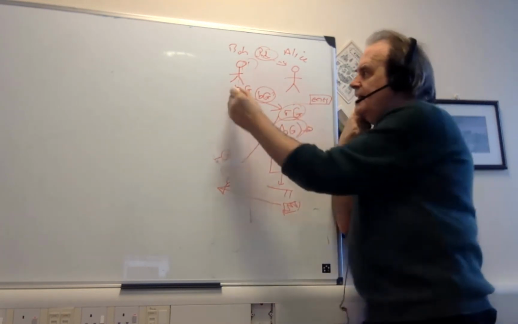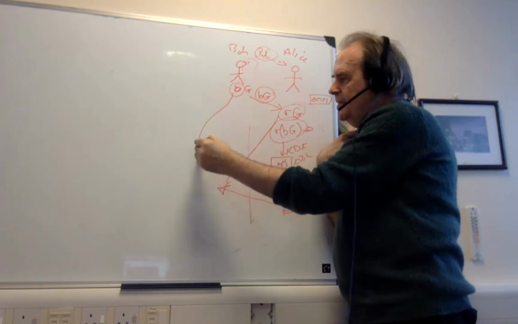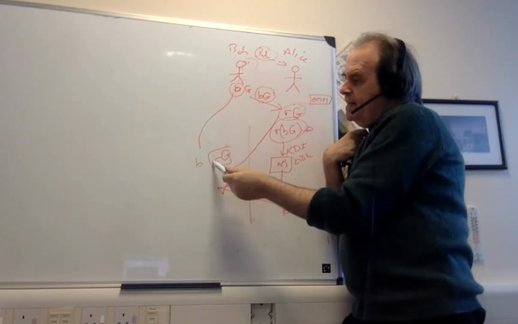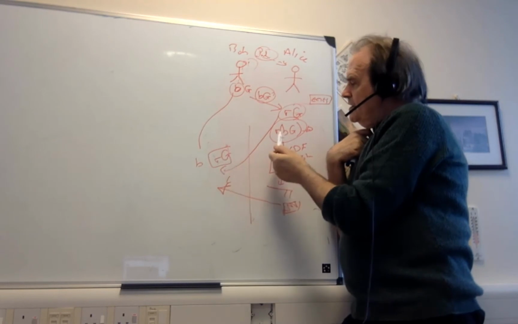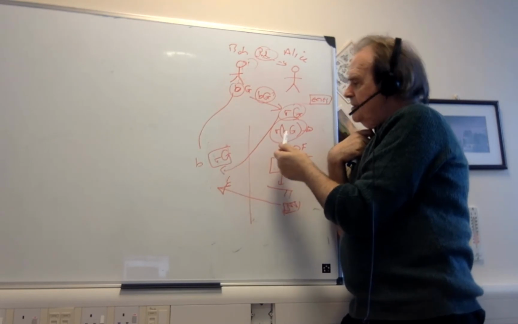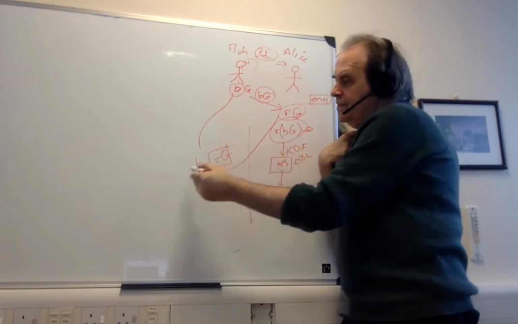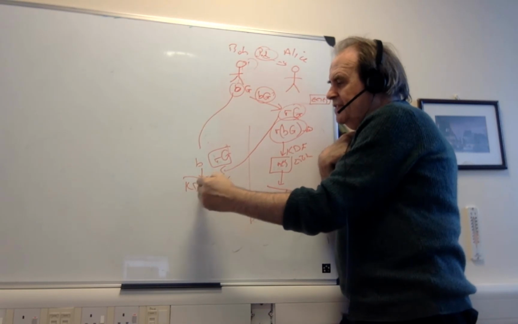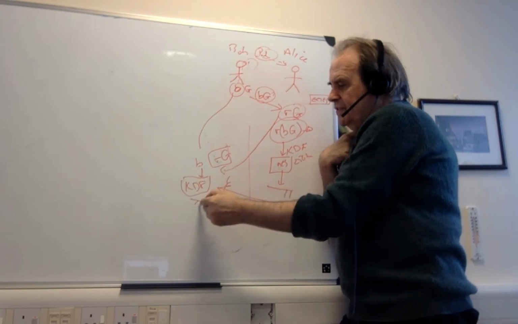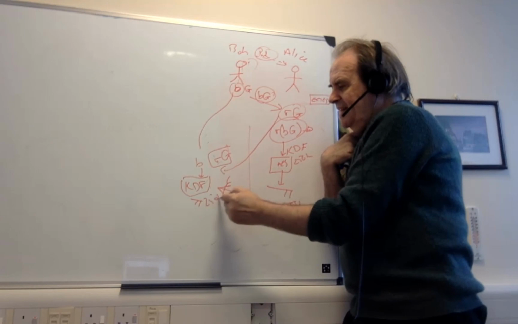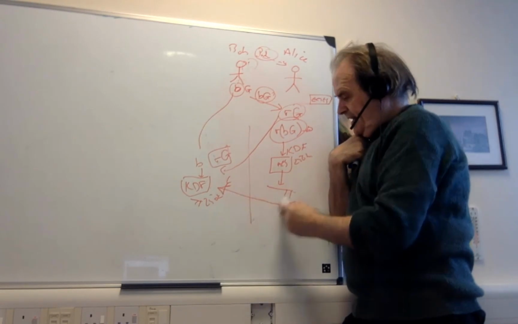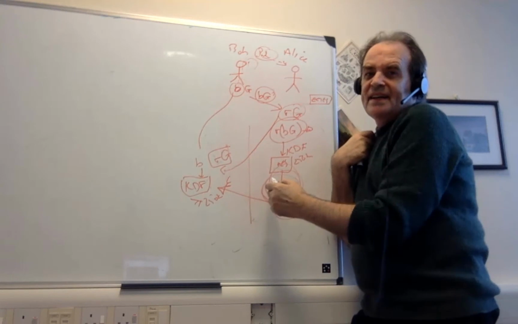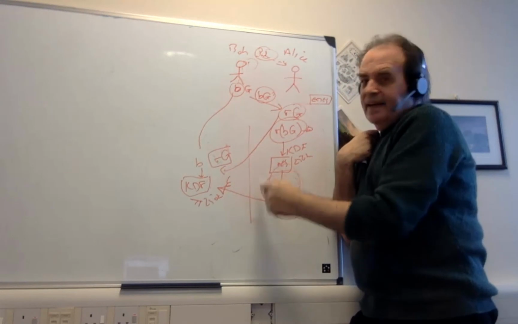Then all Bob has to do is take that value and multiply it by B. So he gets RBG or BRG, they're the same thing. He sticks it through the same key derivation function and ends up with a 256-bit AES key, and that's the same as the key that she has used here.